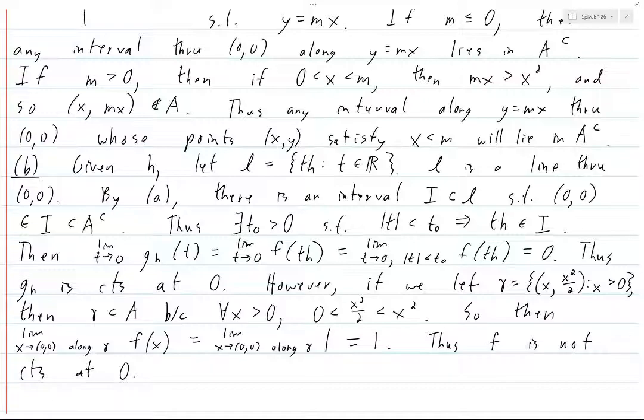However, this might be something that's a little bit obvious for someone at the level of Spivak, but it's nice to mention it again. Just because you approach the origin along every single line and get the same answer does not mean that the limit exists.